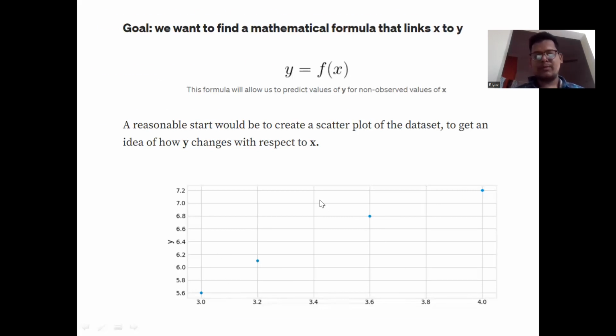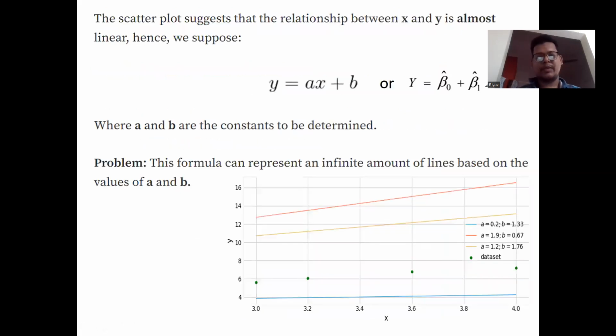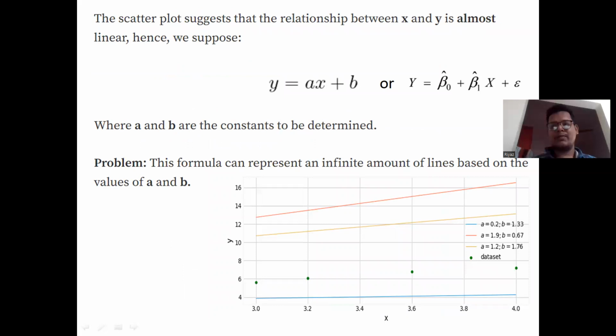In the earlier table, we can see when x was 3, y was 5.6. When x was 3.2, y was 6.1. So when x is increasing, y is increasing. That is, it holds positive correlation. And this is the simple formula.